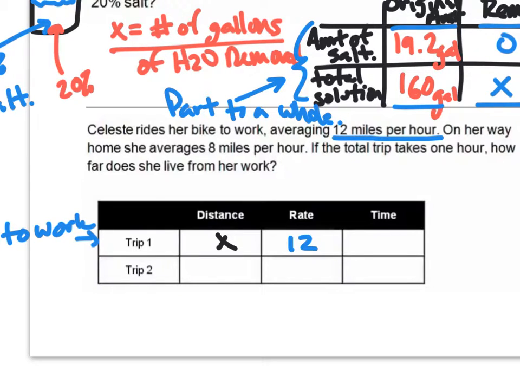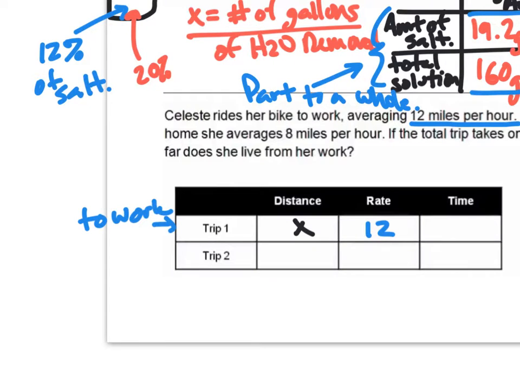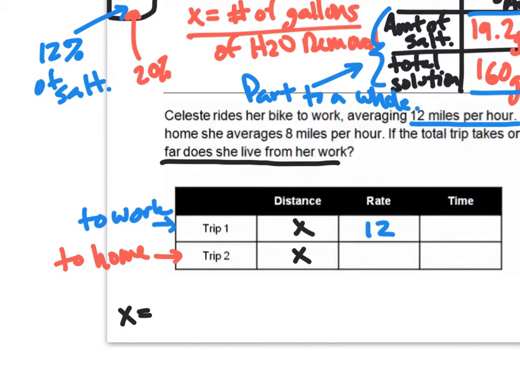On the second trip, that's the trip going home. Again, we don't know that distance because we want to know how far she lives from her work. So x equals the distance to and from work.